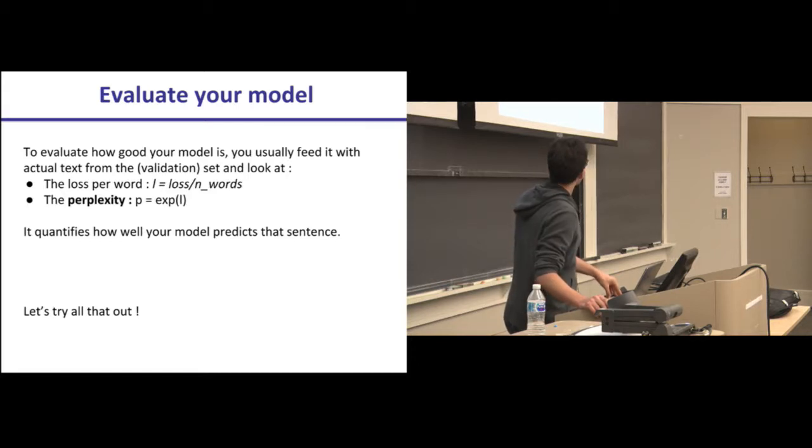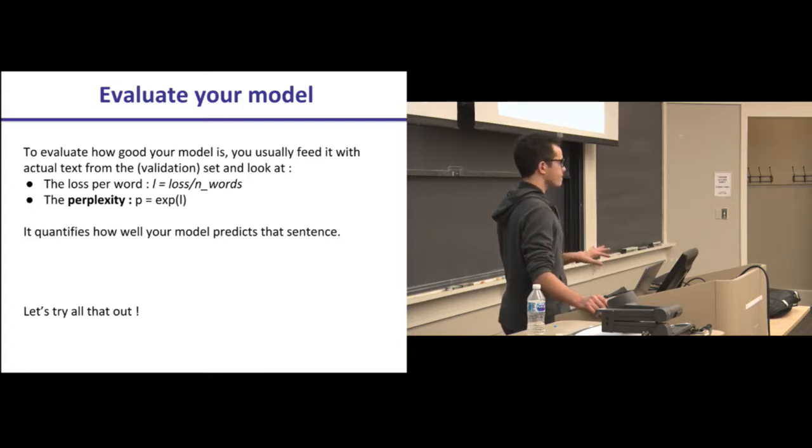Another metric that is very used is the perplexity, which has a complicated meaning, but in the context of language models, it's just the exponential of your loss per word. The perplexity kind of evaluates how confident your model is that this is an actual sentence. Depending on the context, you can know this is a good perplexity, this isn't. In homework 3 part 1, we're going to give you some text and ask you to make a language model that reaches some perplexity.